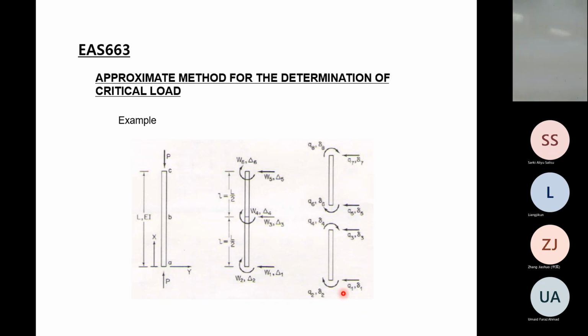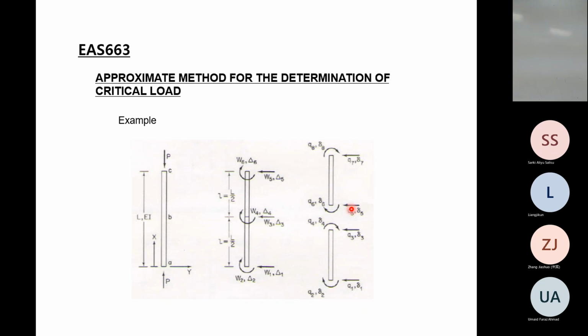So here, the starting end is here. That's why we start with Q1 or delta 1 and go until 4. And for the second one, the starting end is here. That's why we start with Q5, delta 5, and end with Q8, delta 8.